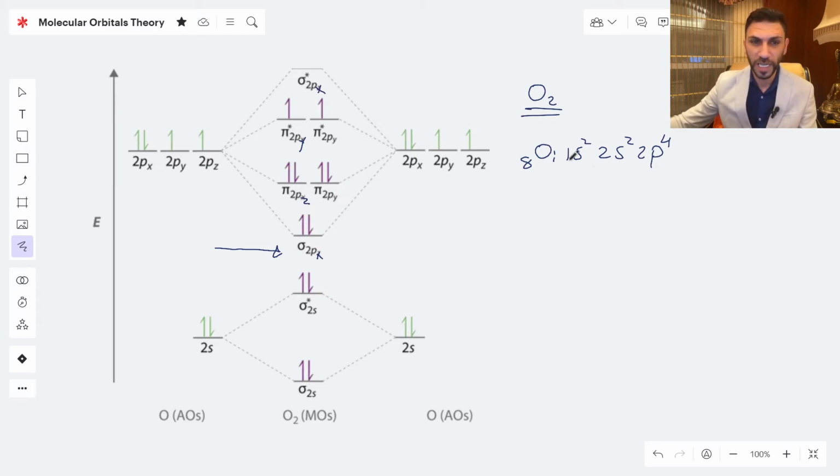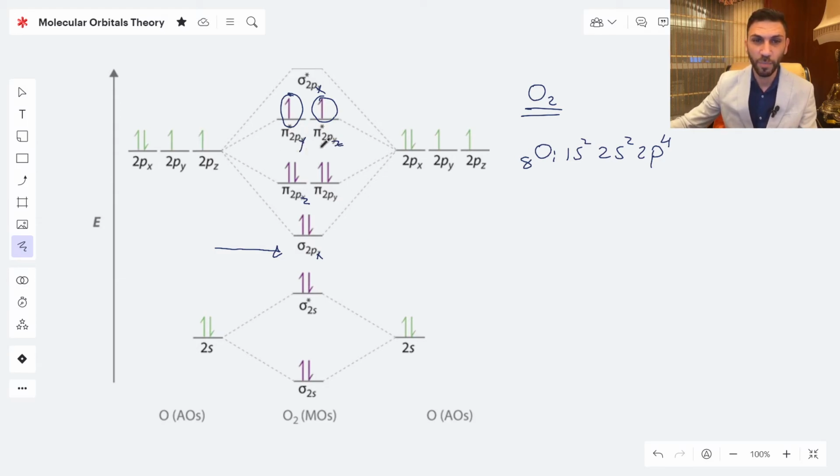When we distribute the electrons, we're going to put 2 and then single, single, double, double. That is 1, 2, 3, 4, 5, 6. And we have 8. We still have 2 electrons. So it's going to be single and single in pi star 2py and pi star 2pz.